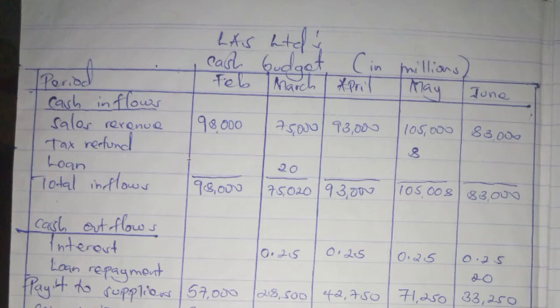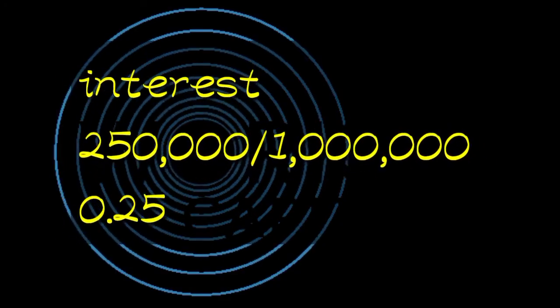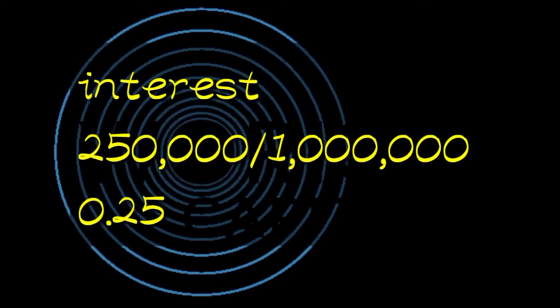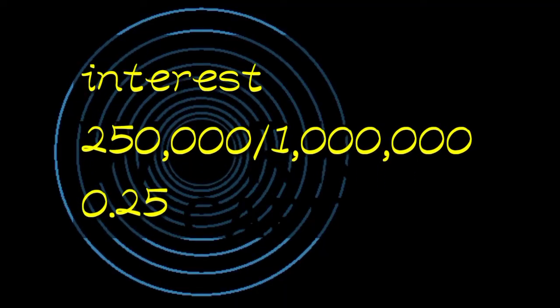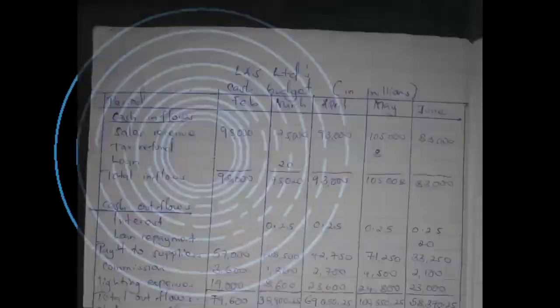Then we go to cash outflows. And first we have interest. We had interest of 250,000 that is supposed to be paid monthly, but as we said, the figures are in millions. So we divide 250,000 by 1 million, and we get 0.25 for all the months.